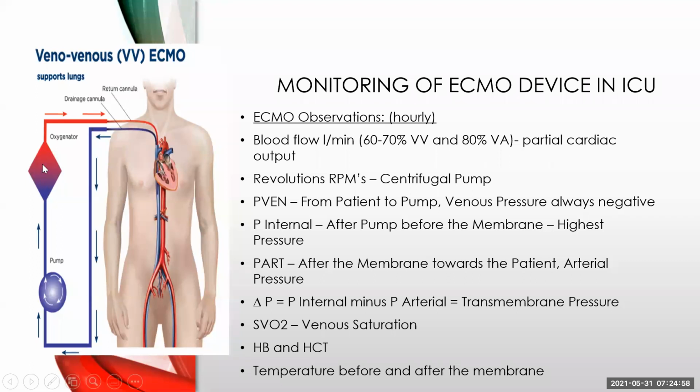And this will give you an indication of how well your membrane is functioning. If that pressure increases, your delta P, so for instance, your baseline was around about 20, and now it slowly moves up to about 40, then you must suspect that your membrane is clotting.